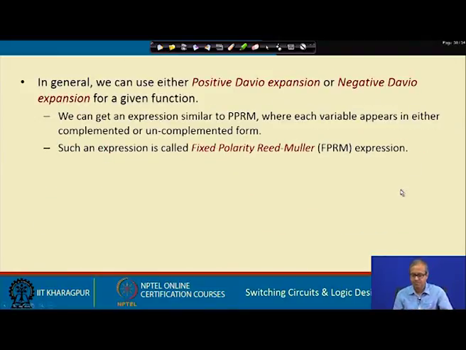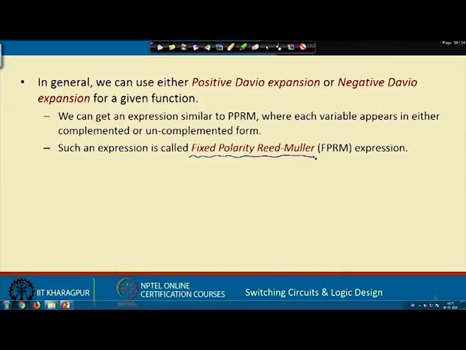Now, the point is that sometimes we may not require all in uncomplemented form. So, you can have a combination of uncomplemented and complemented form, but you can enforce that some variable, say x1, will appear in only one form of complementation, like x1 will always be uncomplemented, x2 will always be complemented, x3 will be uncomplemented, like that.